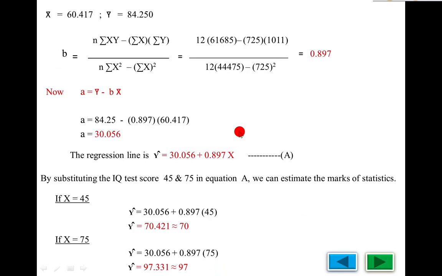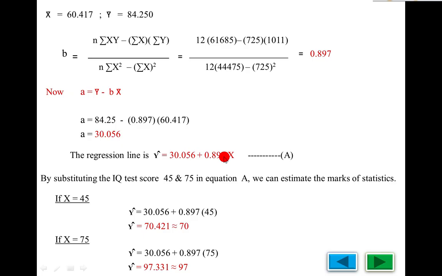Okay, so the main purpose of regression is to create an equation or model used for estimating the value of y, the dependent variable, with the help of the independent variable. If the graph is a straight line or approximately straight, we use the equation of the straight line.